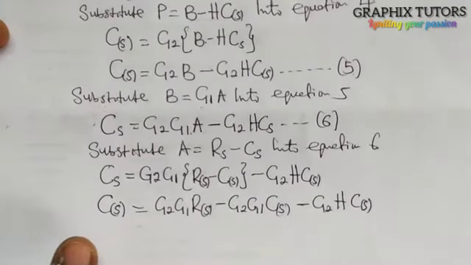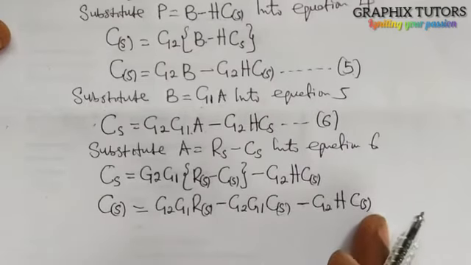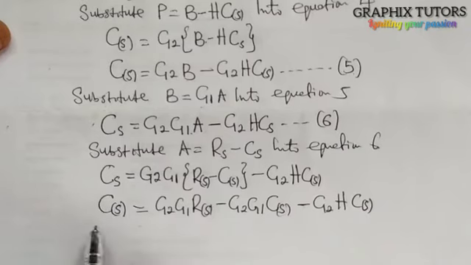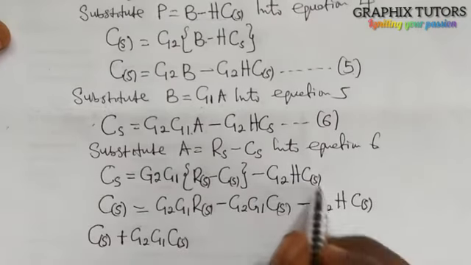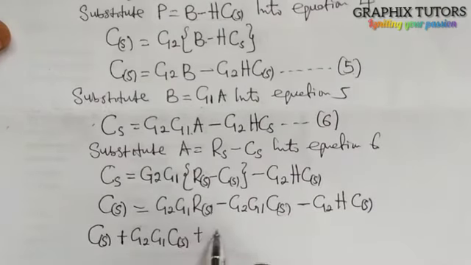Now, since I've done all this, I've looked at it and there's no representative here anymore. So what I will do is factorize. By factorizing, take all the terms that have output to the left hand side. So I'm going to have C(s), the output, plus G2G1 times the output, right? When it's coming over, it will become plus, and when it's coming also becomes plus G2H times the output, right?